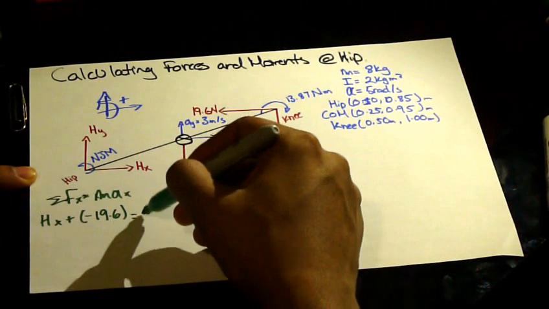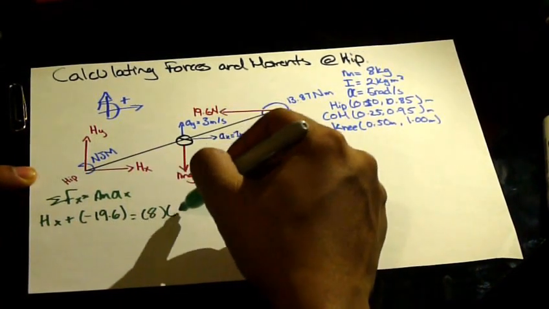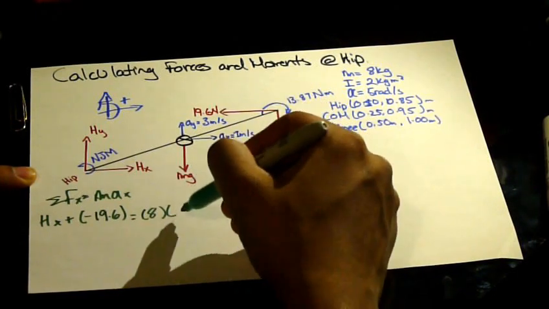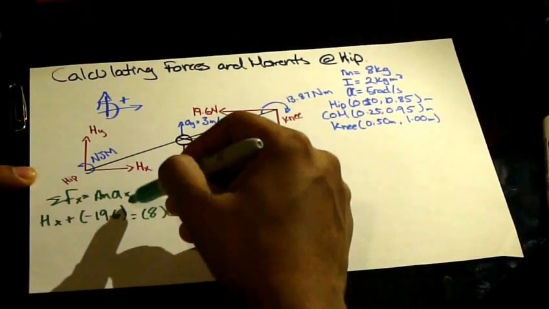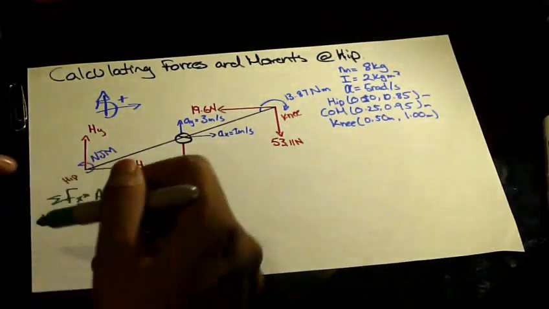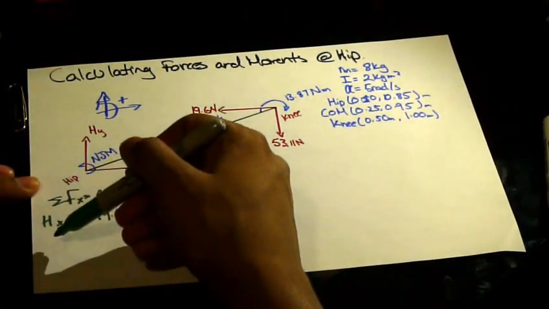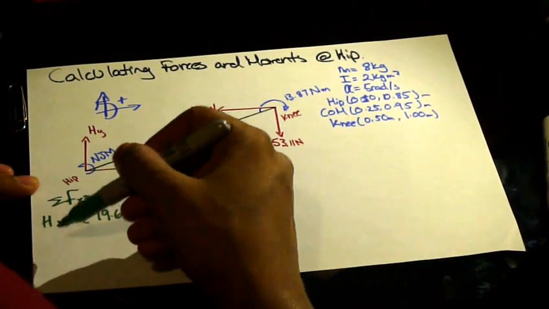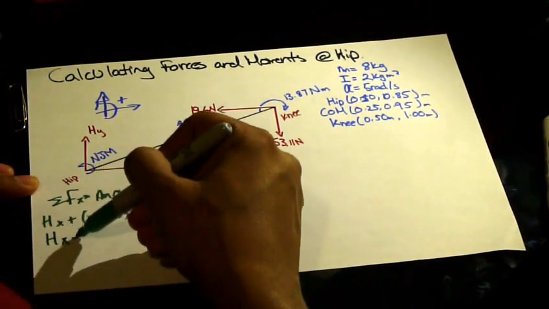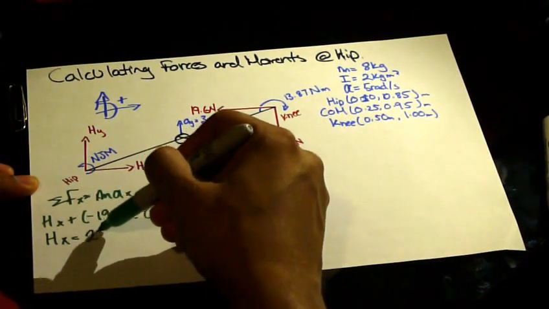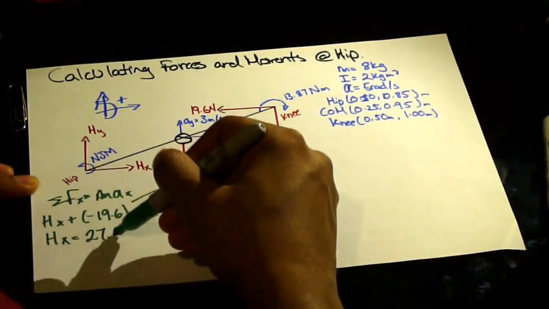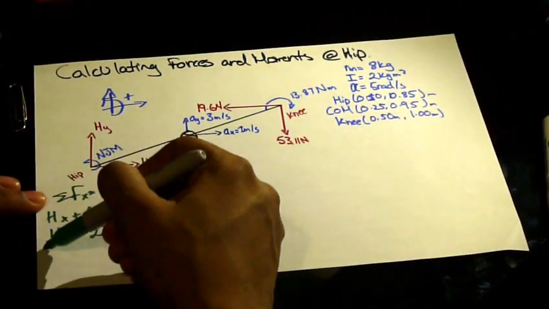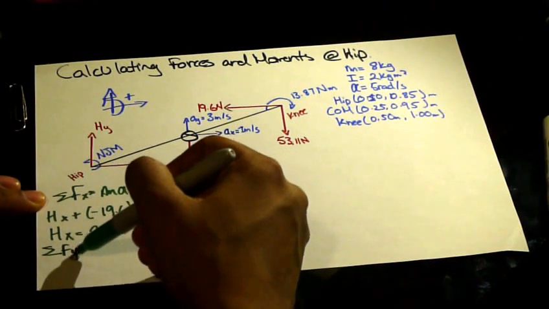The mass is given here as 8 kilograms, multiplied by acceleration, which is 1 in the x. Carry this over. So Hx is equal to 27.6 newtons.